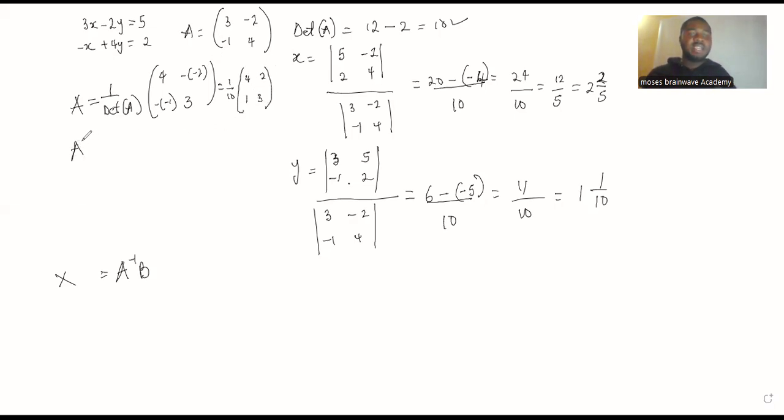So my A inverse is just technically going to be what? 4 over 10. So we have 4 over 10, over 10. So here we have 2 over 10. Let me extend this. So we have 1 over 10.